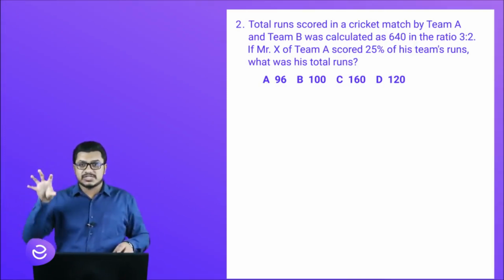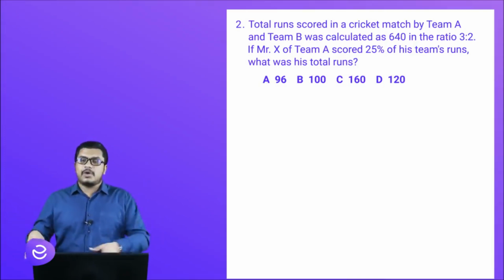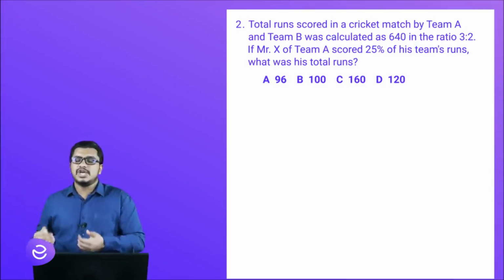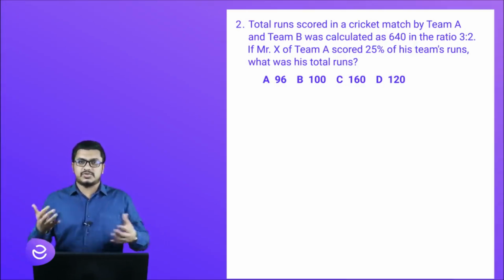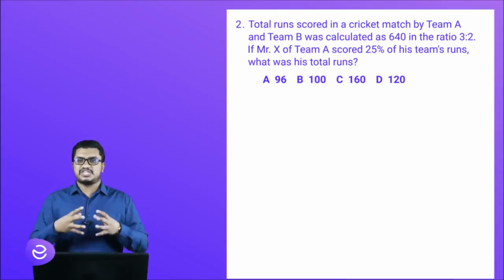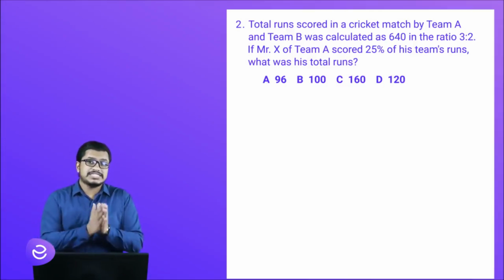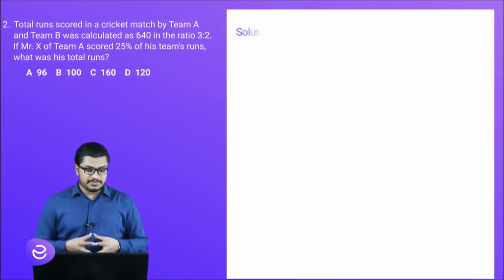We know that 3 is scored by team A and 2 is scored by team B. And out of the 3 which is scored by team A, we have to find the 25%. But 3 and 2 are not the scores; those are just representations of scores. So we have to find out how many runs each team scored. This is a combination question including ratio and percentage.